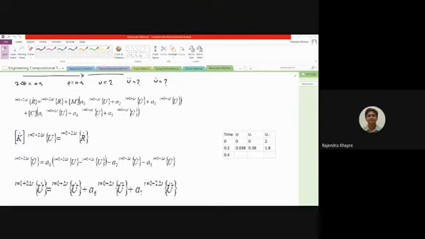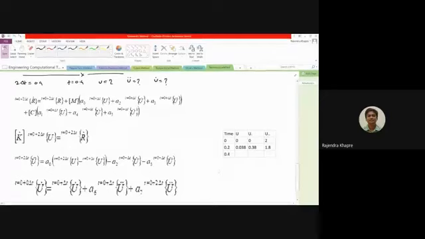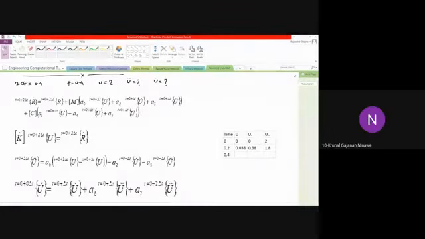What is the effective load vector? 61.636. Let me check. It is something like 62.3. Please cross-check. 62.32. Yeah, 62.32. Correct. Yes, sir.